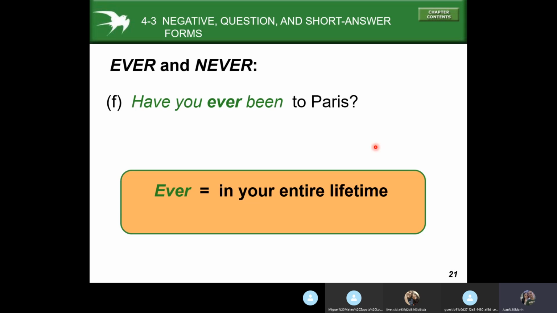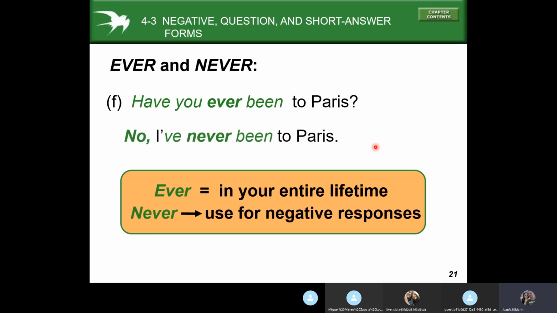This is like, have you ever, alguna vez, has estado en París? Yes, I have. Very good. And the negative, no, I haven't. Or no, I've never been to Paris. So never is used for negative responses. For negative responses, you use never.